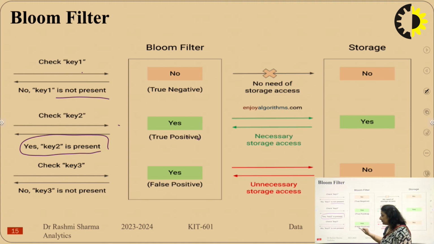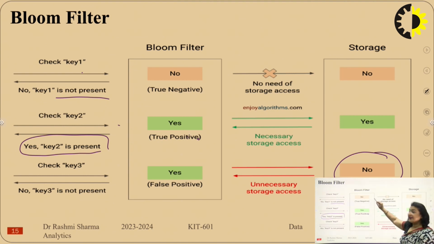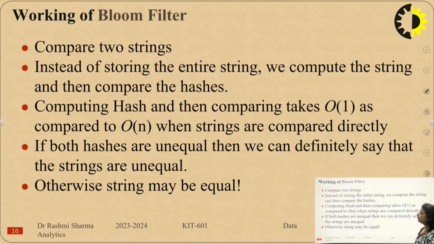Here I ask for key 3, and maybe it doesn't exist in my database, but it tells you that it may exist, then this is a false positive. So these are 3 cases. If it doesn't exist, it definitely tells you it does not exist. If it exists, it definitely tells you yes, it exists. And in false positive, it may exist, it doesn't exist actually, but it told you that it actually exists.